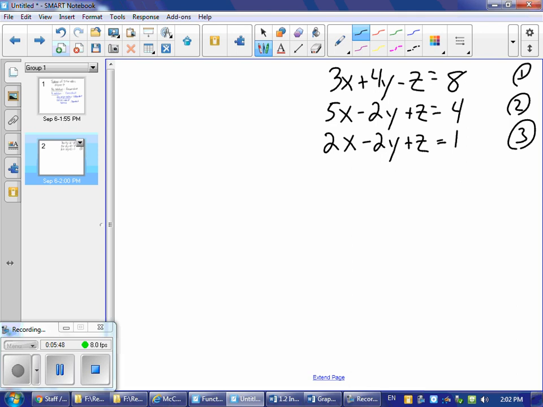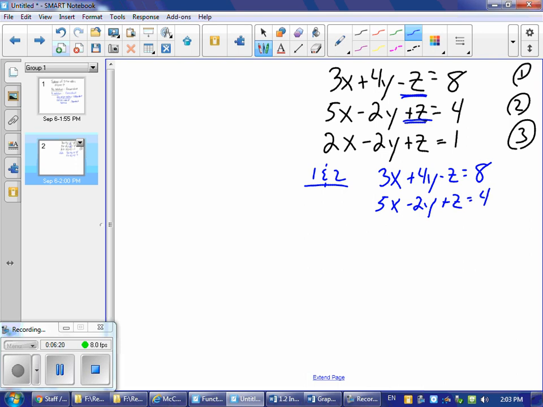So what I should see is if I look at equations 1 and 2, I've got a negative z there and a positive z there. If I add those two things, it's going to be 0, and that z is going to go away. So my first step is I'm going to take equations 1 and 2, rewrite them, and now by using linear combination, I can simply add straight down.